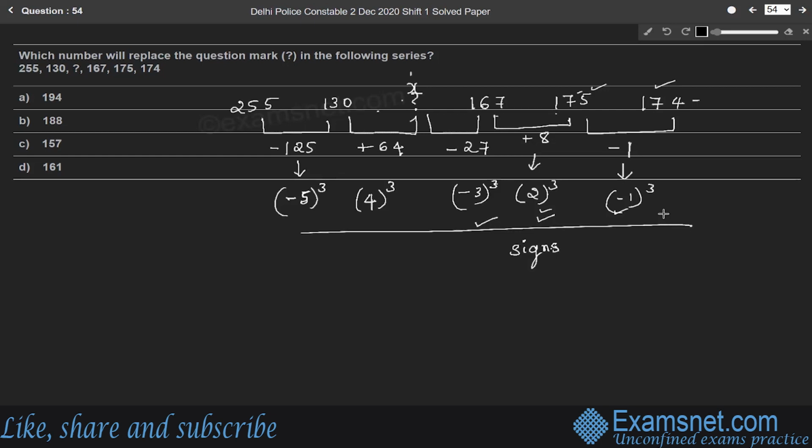It is 194. And 194 minus 27 gives 167. Therefore, the condition is satisfied here. So the differences are minus 5 cube, plus 4 cube, minus 3 cube, plus 2 cube, and minus 1 cube. The plus and minus signs are occurring alternately. Therefore, the number is 194.